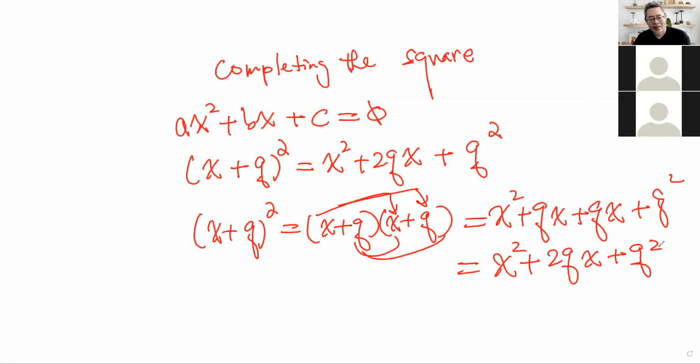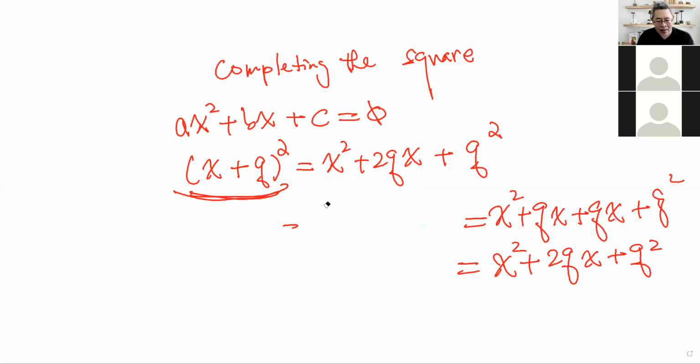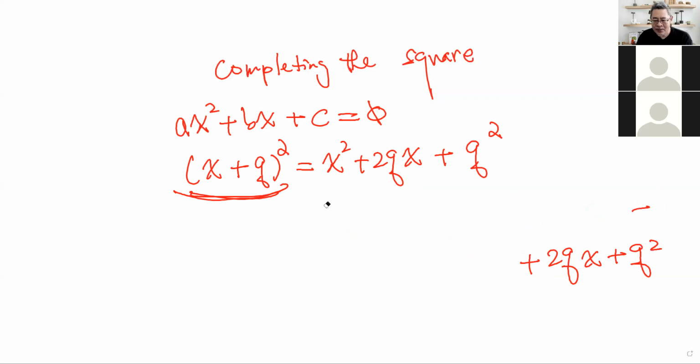Good. So this gave us an idea of how to do what they call completing the square, basically how to make a square in this form. One thing we notice is that this number q is this number divided by 2, squared. Good? Now, if we can make something into this form, then we can rewrite it as this square.